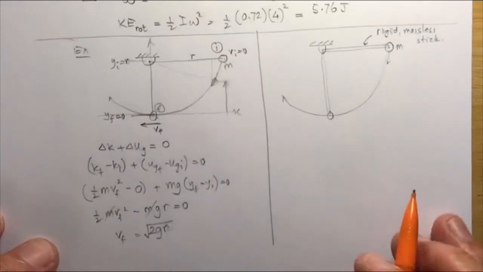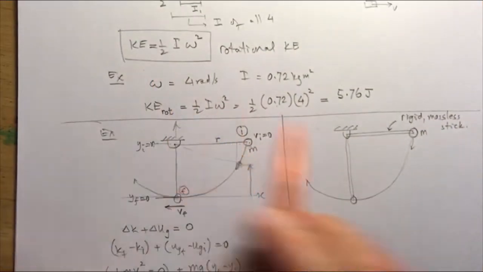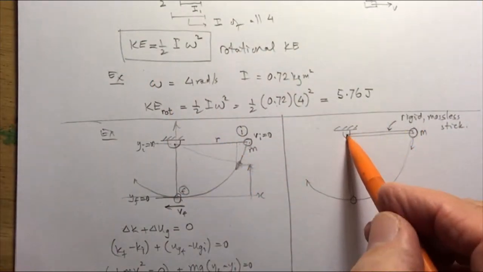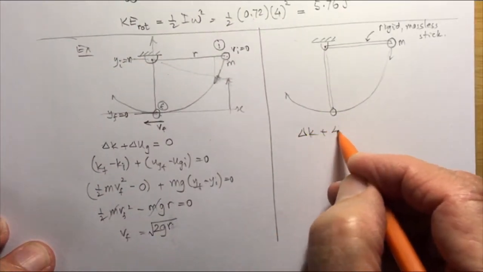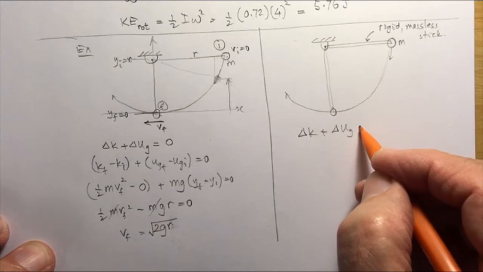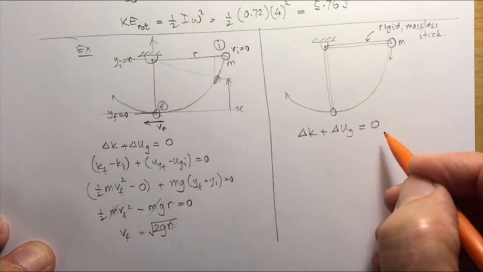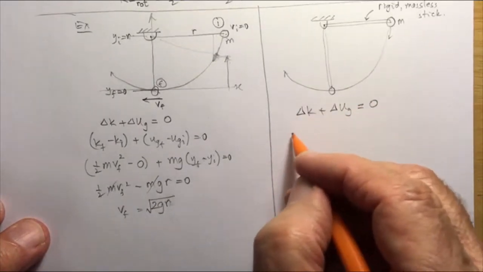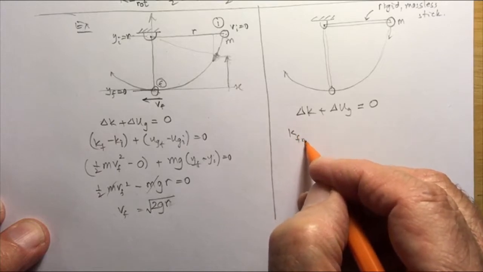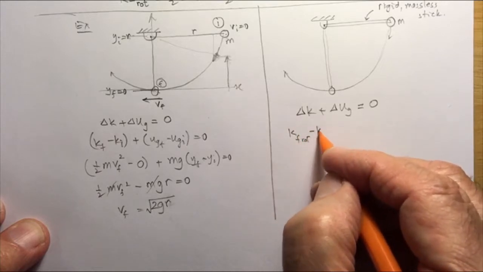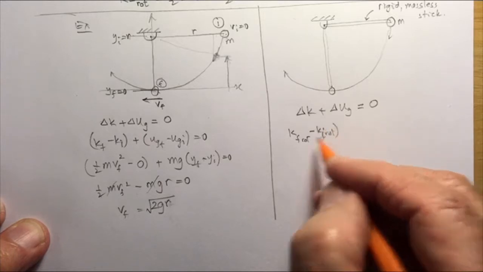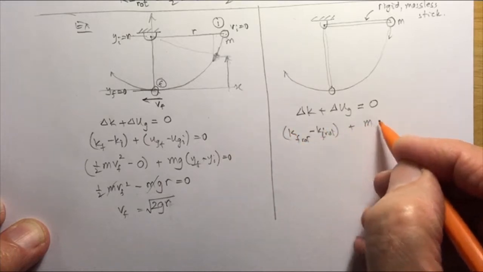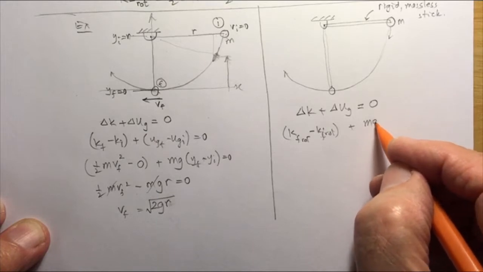So now we use a rigid body, and it's a rotating rigid body about that point. So we use this equation, and we'll say delta K plus delta Ug, no spring, no external work, no friction, is 0. The delta K is going to be K final rotational minus K initial rotational, plus the Ug final minus Ug initial.